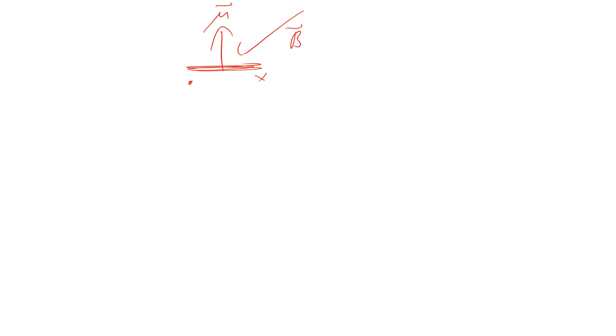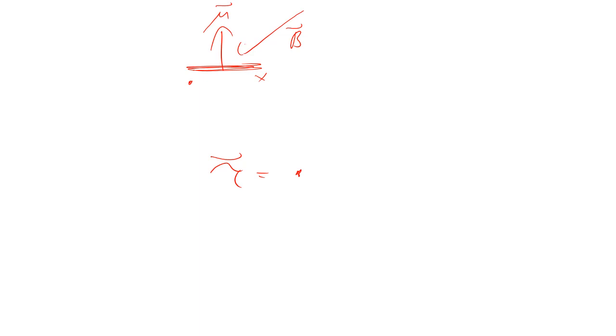So you point your fingers in the direction of mu, curl them in the direction of B, and your thumb points in the direction of the torque. So in this case, the torque is out of the screen.